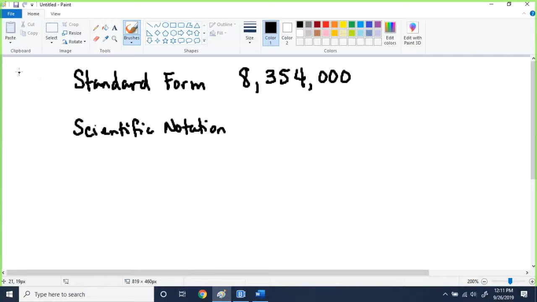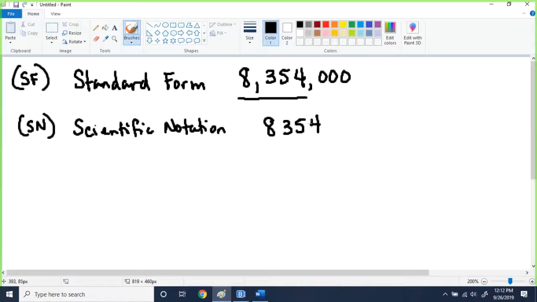And I'll start using the abbreviation of SF for standard form and SN for scientific notation. Okay, the first thing we need to do is write out all of the positive integers. So that'll be these numbers here, 8, 3, 5, and 4. You only write out the positive integers. You do not need a 0 or anything.